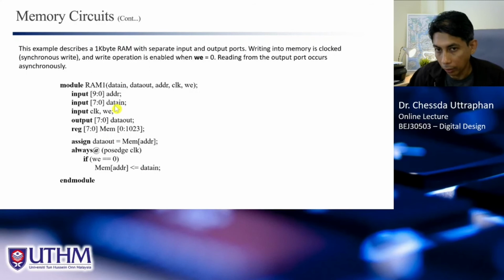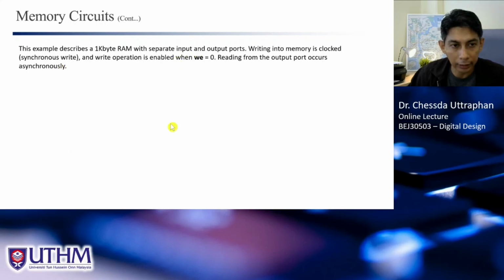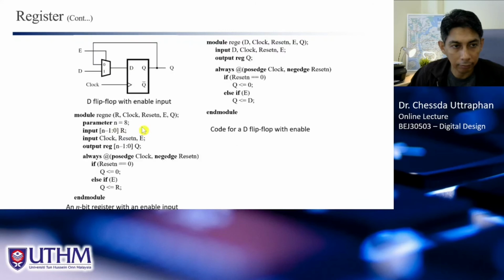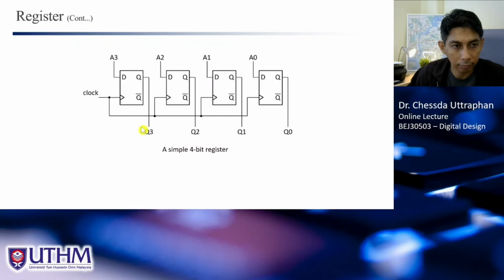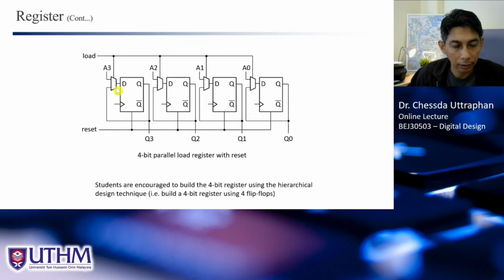And this is the Verilog code to create a 1 kilobyte RAM or memory in Verilog. And this example uses what we call the synchronous write and asynchronous read. What is that? Synchronous write means that when we want to write, we need to have an enable signal, right? Just like this register.